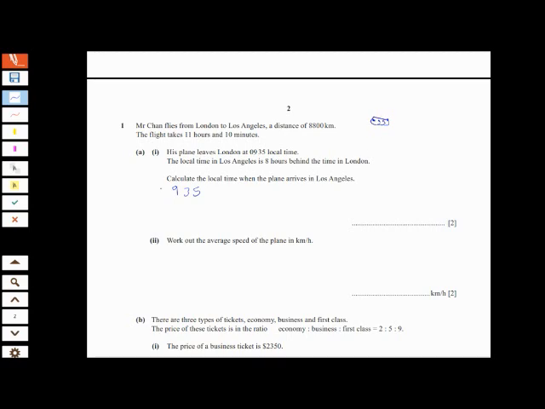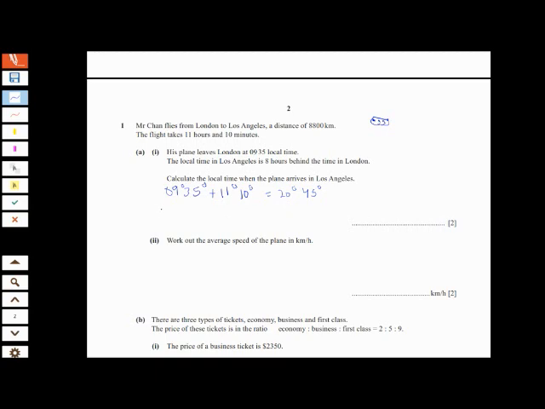Anyways, now 9:35 plus 11 hours 10 minutes, that's the time of the journey. So he will arrive at 20:45.